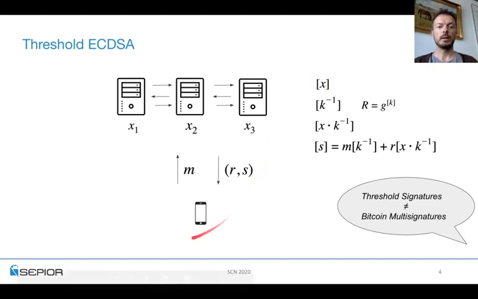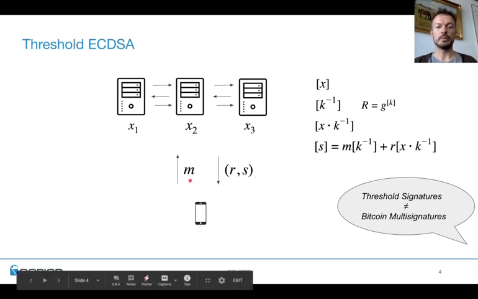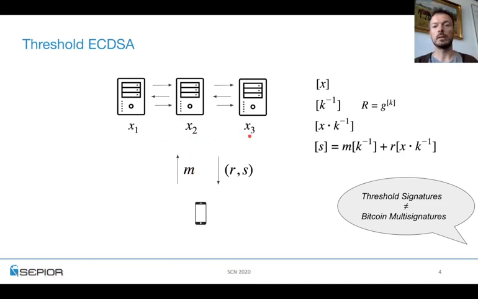Now if a client comes with the message m, the 3 servers use secure multi-party computation in order to first compute a secret sharing of the nonce inverse. Remember that this is also quite sensitive in the ECDSA scheme. They also compute and open this value capital R, which means that they have to put this k sharing up in the exponent.